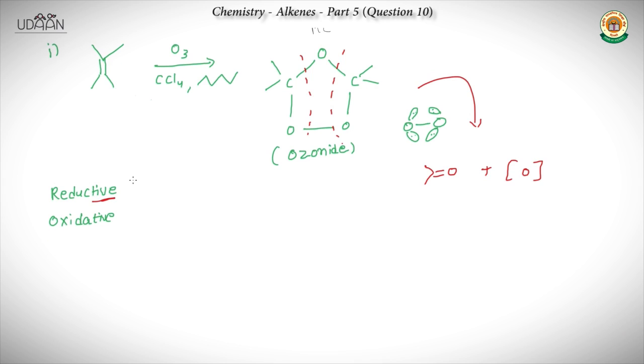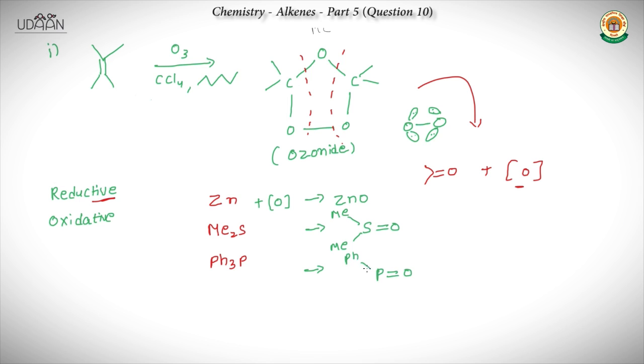In this we use reducing agents like zinc, Me2S, PPh3. As I have told you, these are reducing agents. Now they take up this nascent oxygen, and zinc gets converted to ZnO, and similarly this will get converted into S double bond O, which is dimethyl sulfoxide, and this one to P double bond O, PPh3.